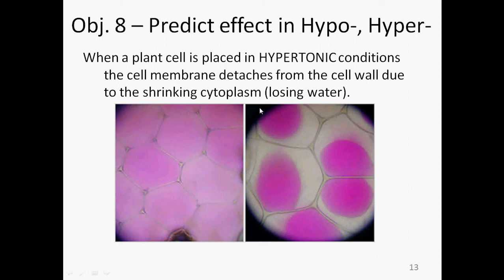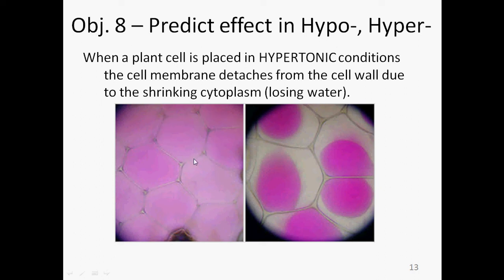So in this case, you can see the cytoplasm shrinks up. Cytoplasm is mostly water. When the water starts going out, it's going to get a darker color. It's like a higher concentration of solute in Kool-Aid. If you take the water out of Kool-Aid, it's going to get darker. Same thing's happening here. But technically what's happening is the cell membrane is literally detaching from the cell wall and kind of caving in on itself, trying to maintain the conditions that were over here.